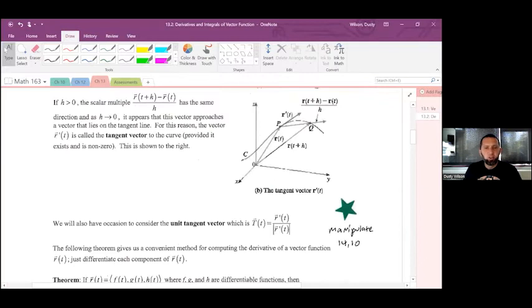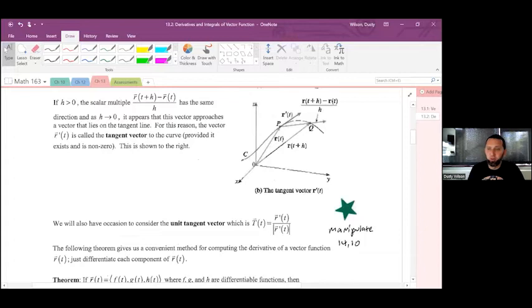If h is bigger than 0, then the scalar multiple r of t plus h minus r of t over h has the same direction. As h approaches 0, it appears that this vector approaches a vector that lies on the tangent line. For this reason, the vector r prime of t is called the tangent vector. This would be the tangent vector to the curve, provided it exists and provided that r prime of t is not 0.